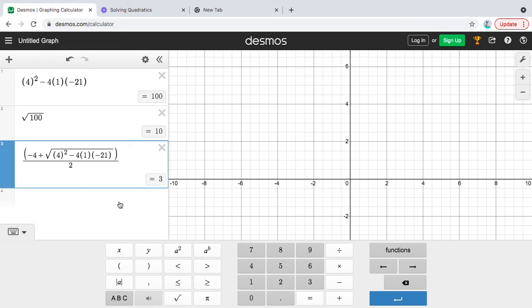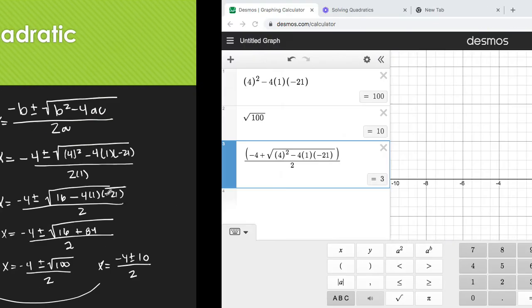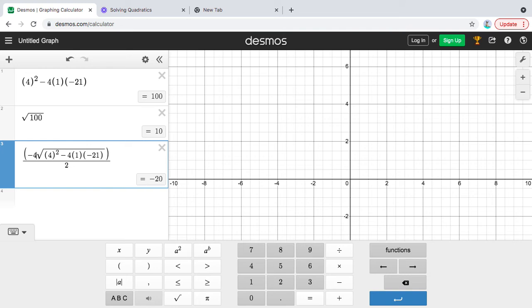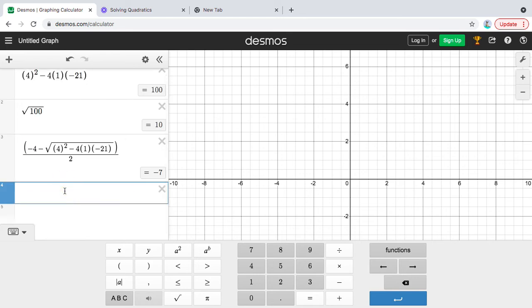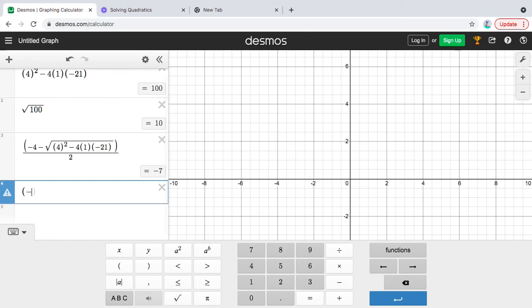There's one of my answers, right? There's the 3. And when I change this to a minus sign, there's the negative 7. So you can quickly check your answer, okay, using the quadratic formula on Desmos. But you still have to know step by step.